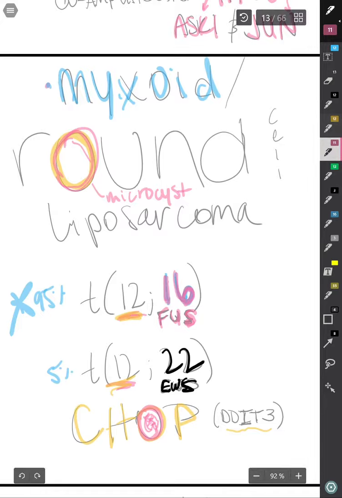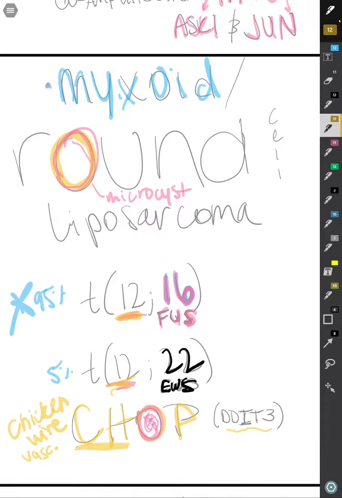Then I like to use this CH to remember that there's chicken wire vasculature, or blood vessels, there. Those are good buzzwords. Chicken wire vessels, round cells.